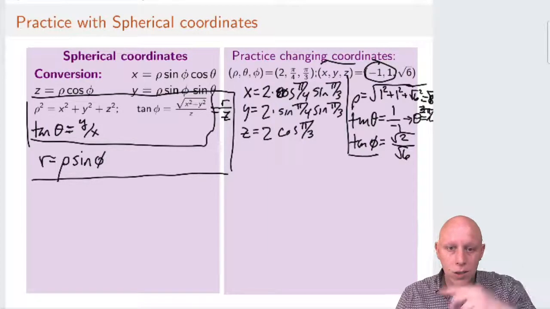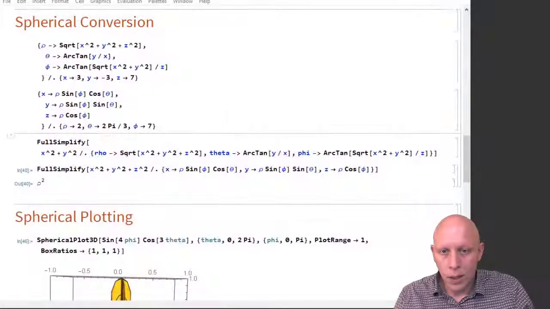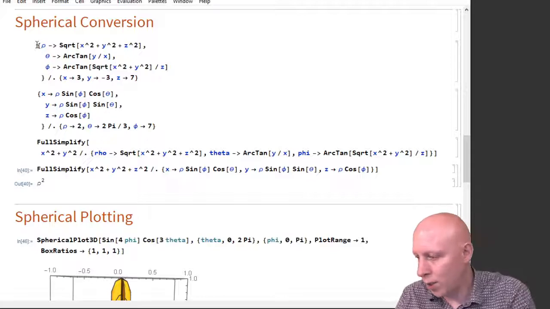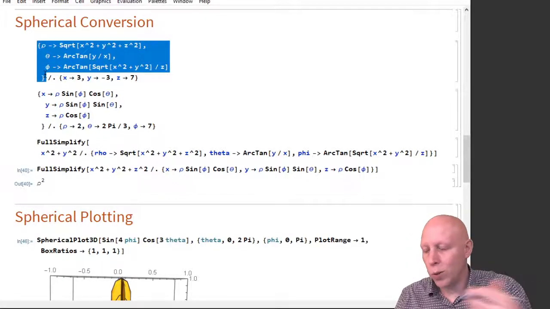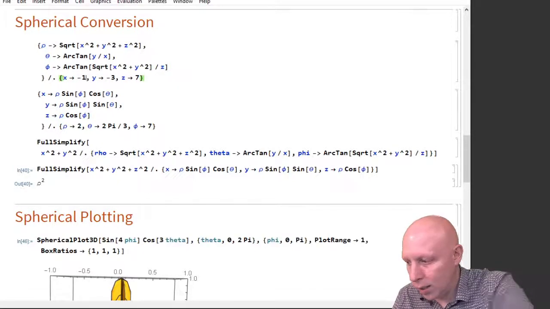Let's go over to Mathematica and we'll get it to do it. So I've set up this notebook so that these are the equations that convert between x, y, and z. So if you plug in your x and your y and your z, what do we get?